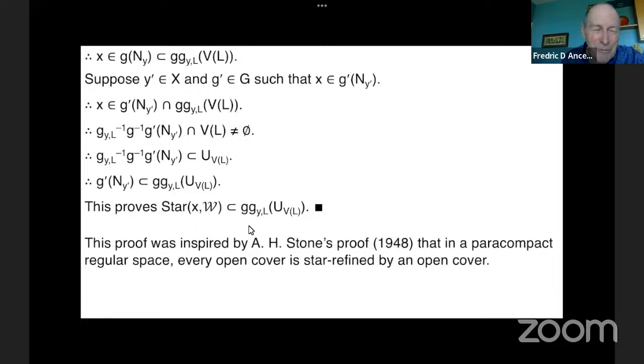You combine Stone's proof with a group of homeomorphisms, and you can modify Stone's proof to prove this lemma A. Stone's proof is tricky. This lemma A didn't occur to me for a while, but eventually I was able to squeeze it out of Stone's proof.